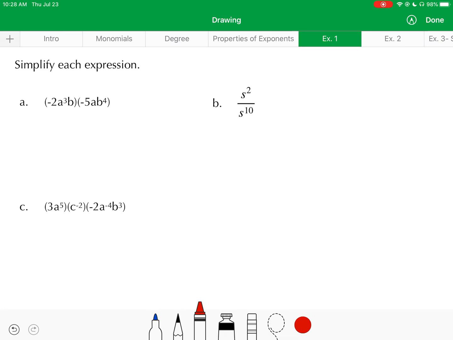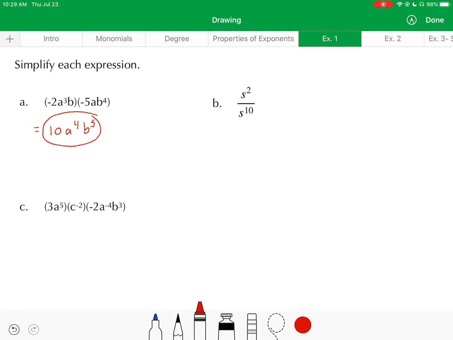You're going to multiply the like parts together, and in the process, you'll use your product property of exponents. So negative 2 and negative 5 are your coefficients. They're going to multiply to 10. A cubed and a, if you multiply those together, you'll end up with a to the fourth by adding their exponents. And b times b to the fourth would actually be b to the fifth by adding their exponents.